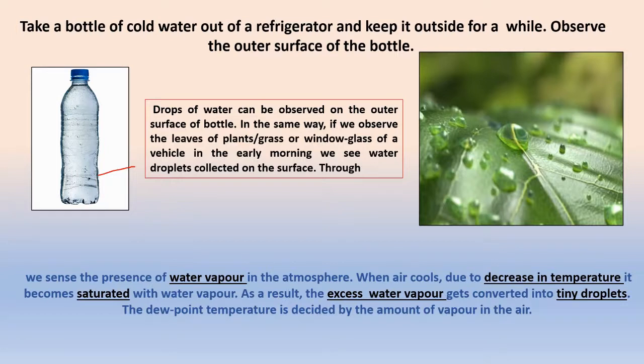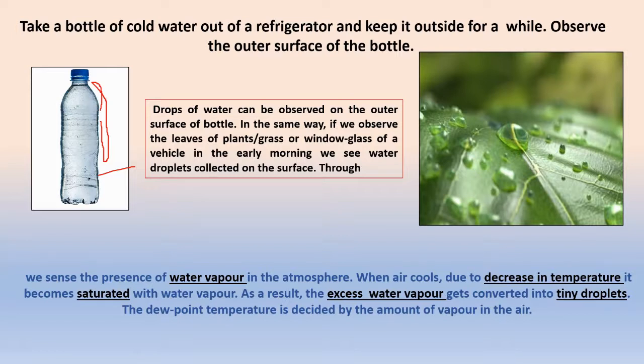So when air cools due to a decrease in temperature, it becomes saturated. Now I have removed the bottle from the fridge and kept it outside. Outside, the temperature is the room temperature, right? So the air beside the bottle is at room temperature, but due to this frozen bottle, the air beside the bottle will cool down, right? Its temperature is decreasing.